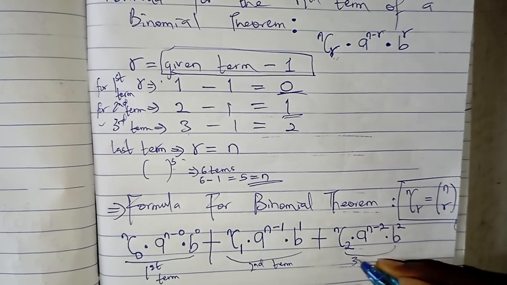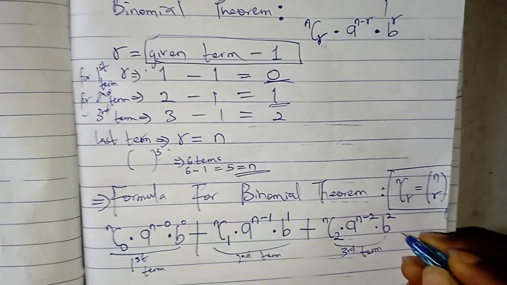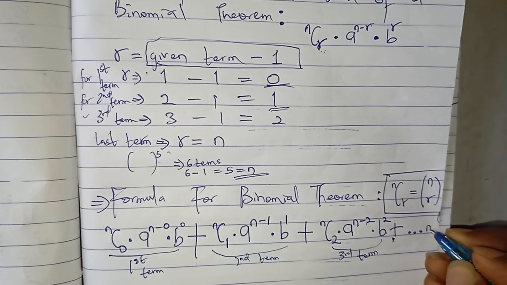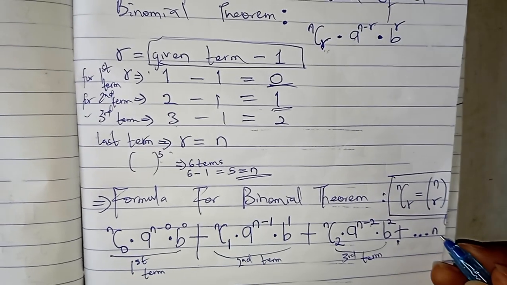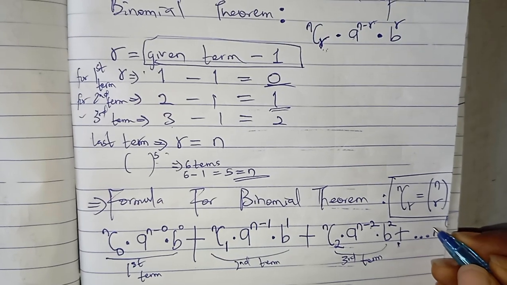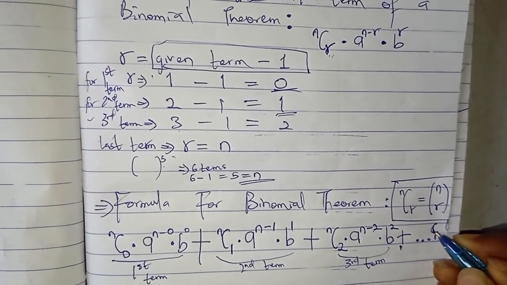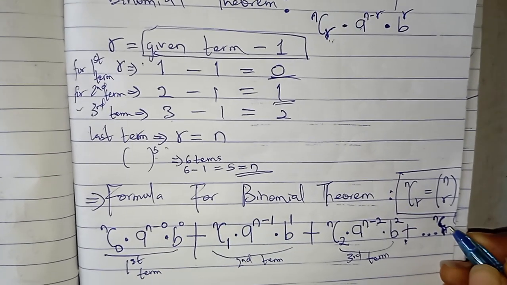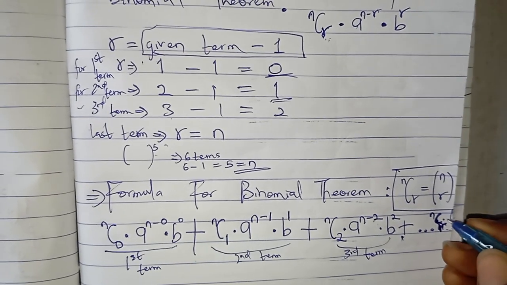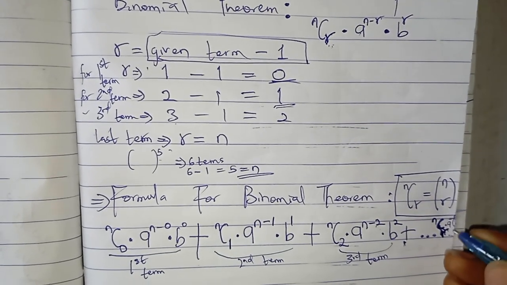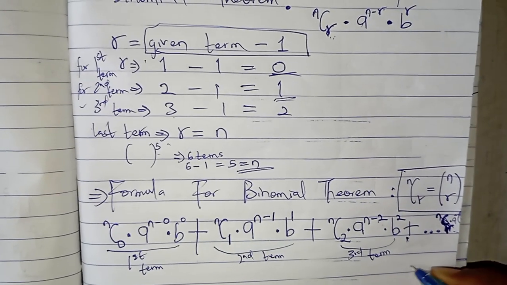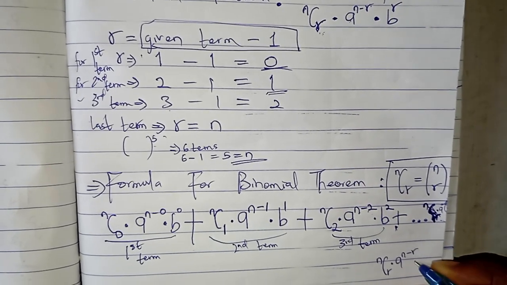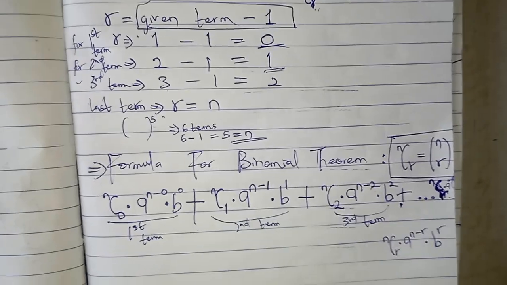So this is for the third term, and this can go on to infinity, to any given n terms, or you say n combination r times a raised to power n minus r times b raised to power r. So it progresses, it goes on.